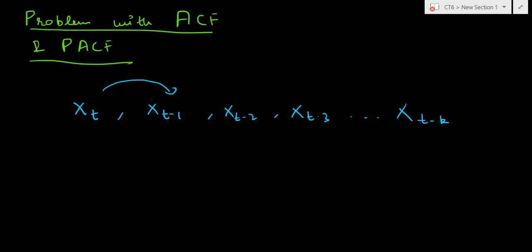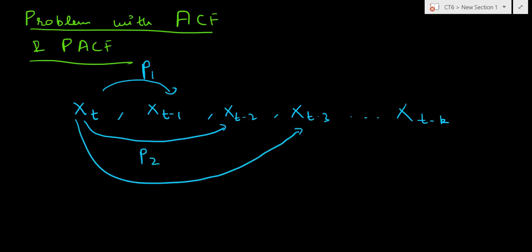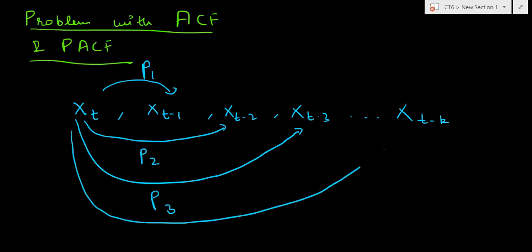The relationship between xt and xt minus 1 is denoted rho 1, the correlation at a lag of 1. Then at a lag of 2 it is rho 2, at a lag of 3 it is rho 3, and at a lag of k it is rho k. So the autocorrelation function measures how xt is related to previous terms.